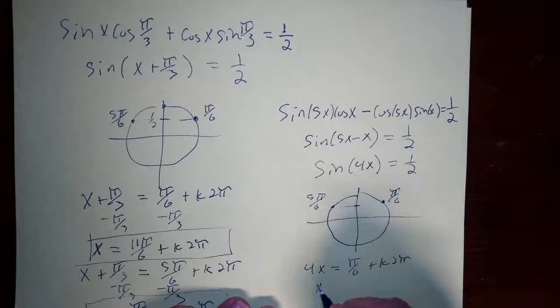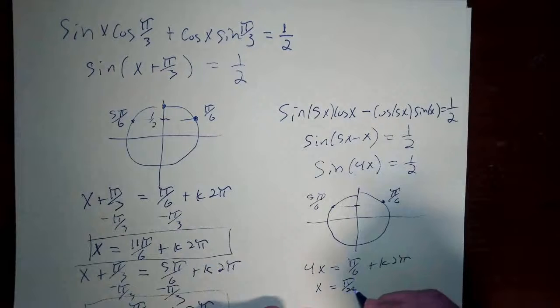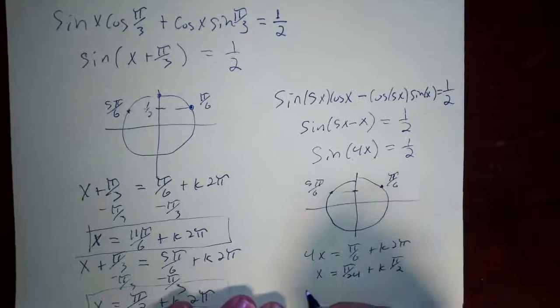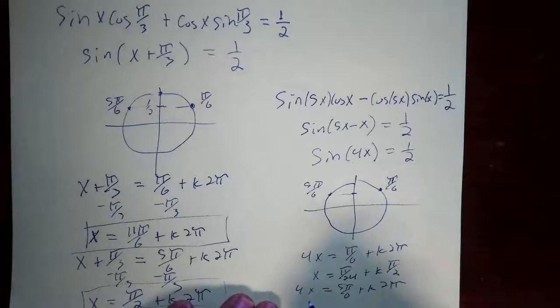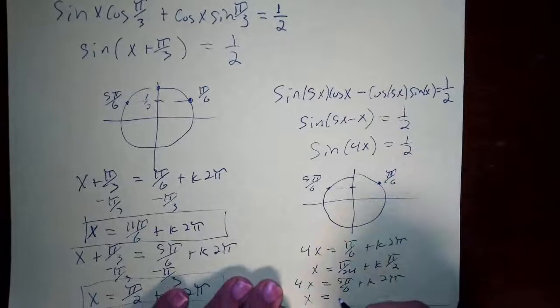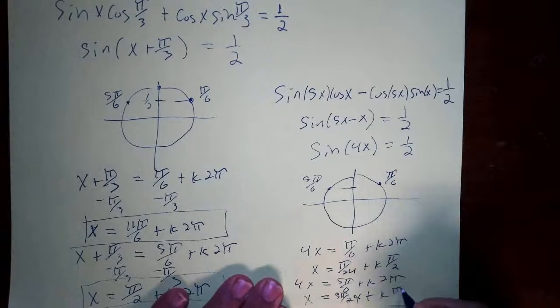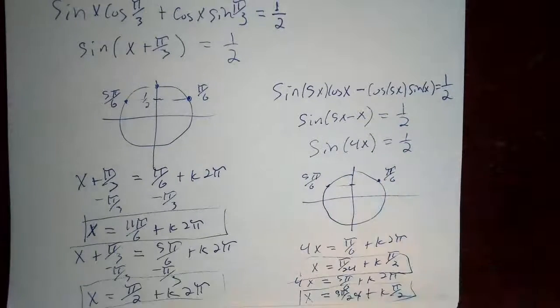Dividing both sides by 4 would be x is equal to pi over 24 plus k times pi over 2. And then 4x is equal to 5 pi over 6 plus k times 2 pi. Dividing both sides by 4 would give you 5 pi over 24 plus k times pi over 2. So these would be your two solutions to that.